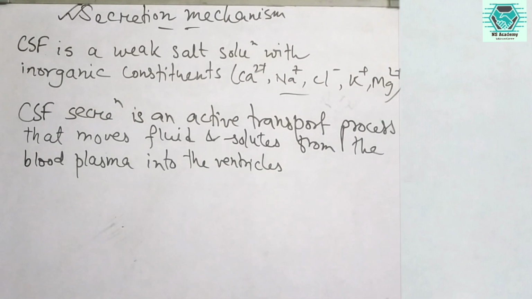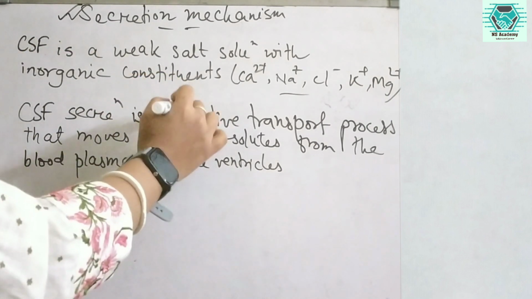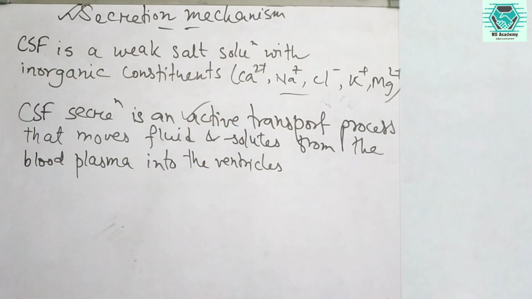First of all, let me remind you what active transport is. Active transport is the movement of molecules or ions across a cell membrane from a region of low concentration to a region of higher concentration, against the concentration gradient, and it requires cellular energy to achieve the movement.